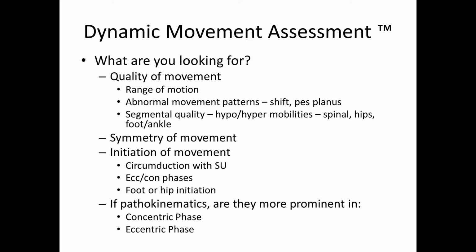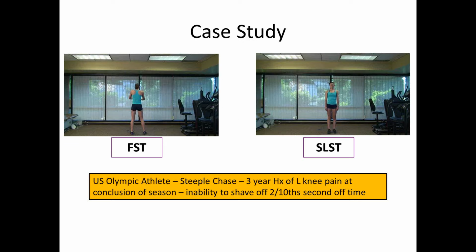How is the right side compared to the left side? We're looking for initiation of the movement. Where is the movement initiated? When someone does a step up, are they circumducting with their step up? Where is their movement falling apart? Is it falling apart in the eccentric phase or in the concentric phase? Because that's going to determine how our interventions are going to be implemented.